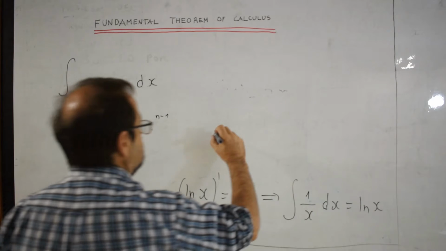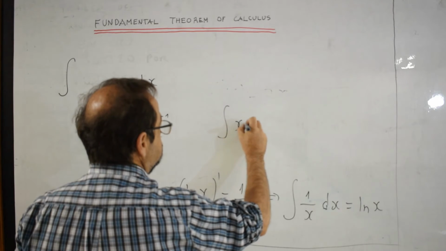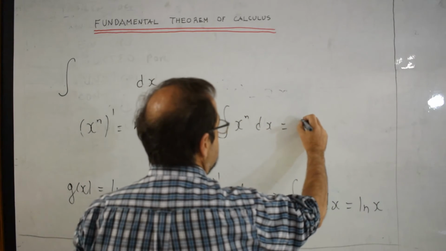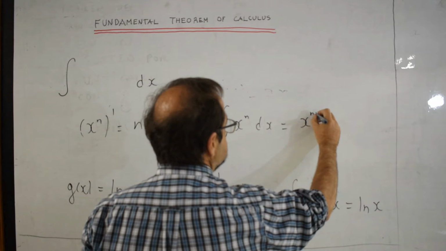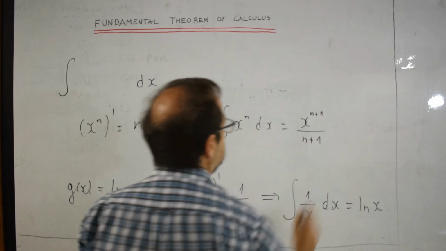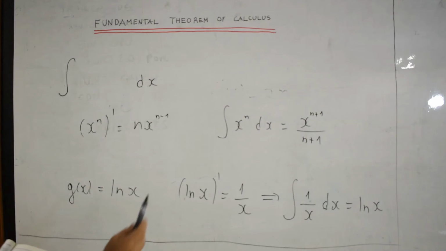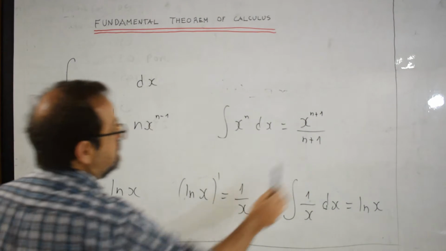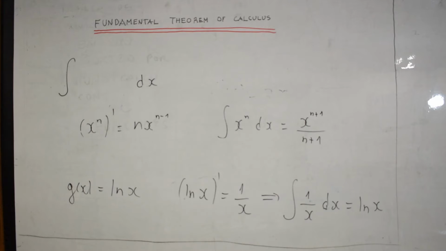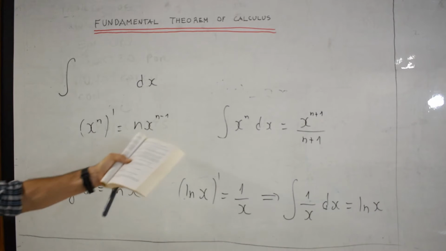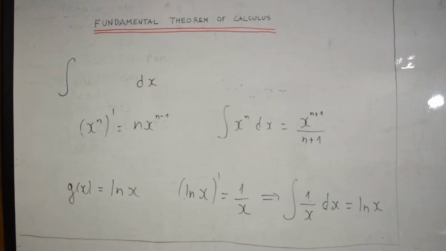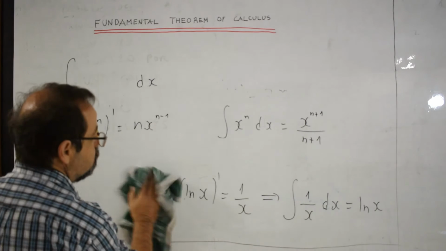The integration of x to the n dx is equal to x raised to n plus 1 divided by n plus 1. So here we increase and we divide. Here we put the same and we subtract 1.